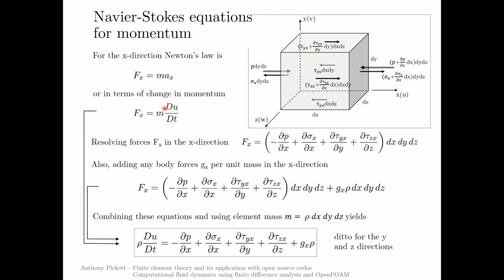So this is the total change in velocity u, in the x direction, with time. We can resolve the forces in the x direction. So you add all these up in this x direction, cancel out terms, and you will be left with this set of forces.